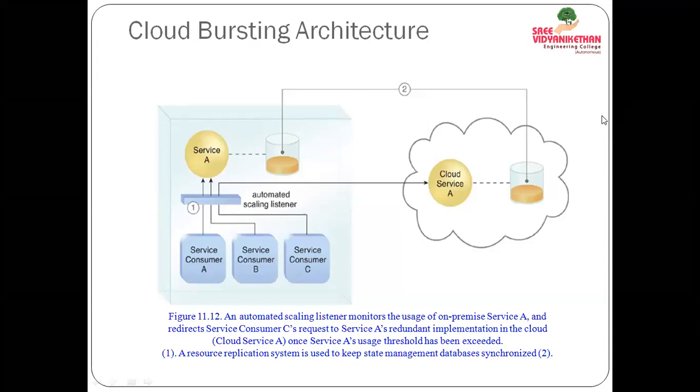So there definitely should be a limit on this. What happens is that the scaling listener is placed between the service that is bursted on the on-premise network and the cloud consumers. You can observe that this listener is placed in the on-premise network only.